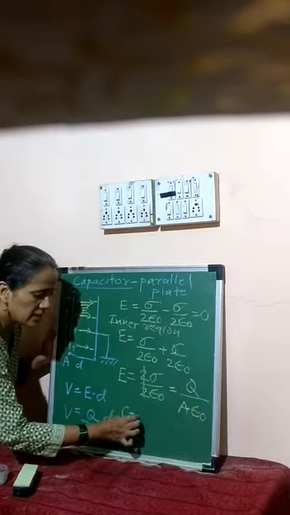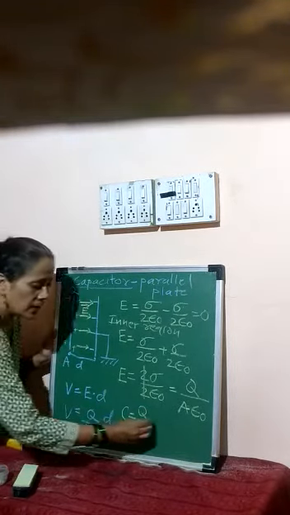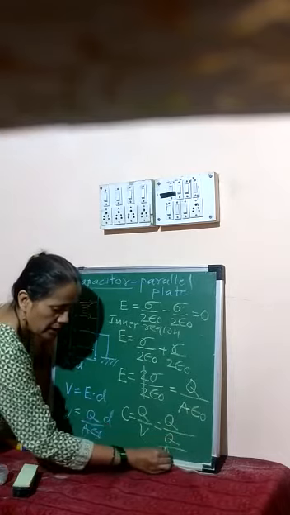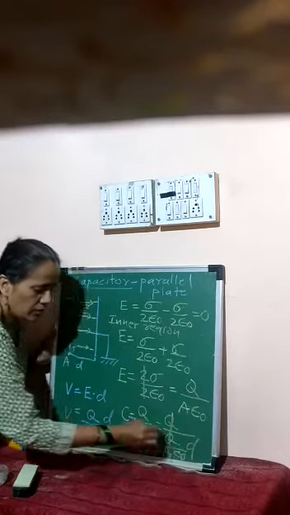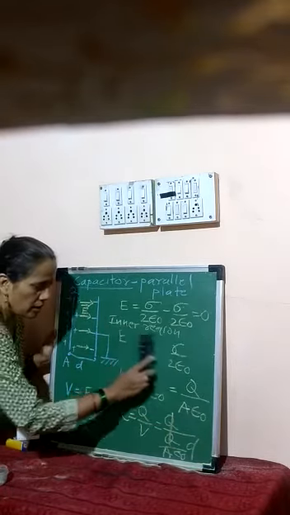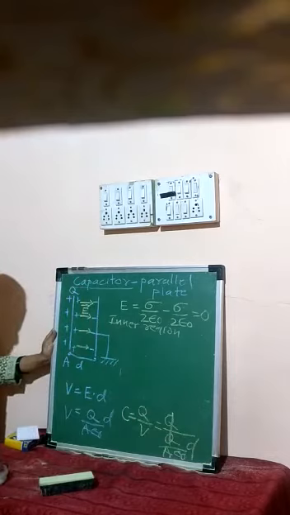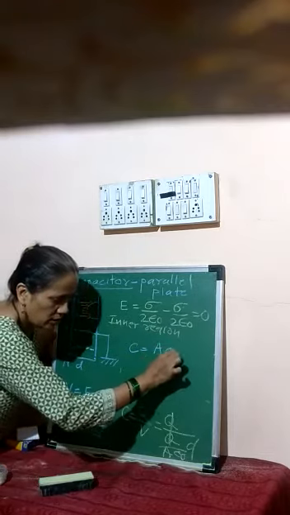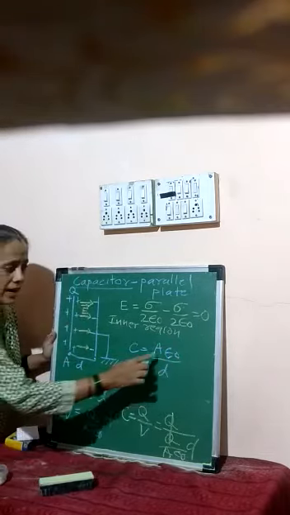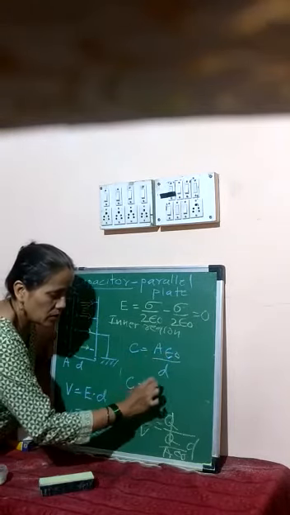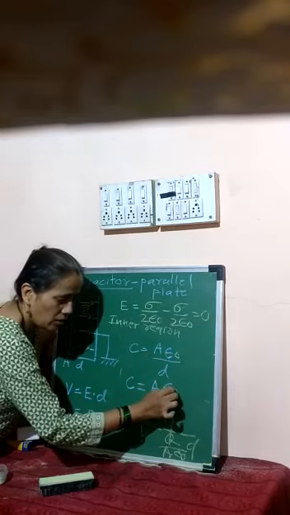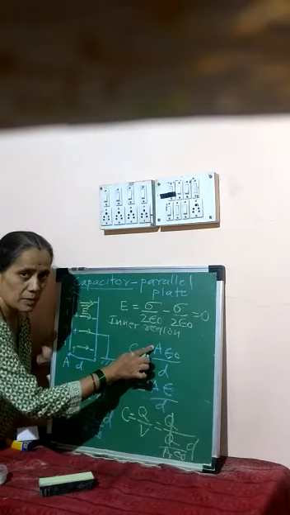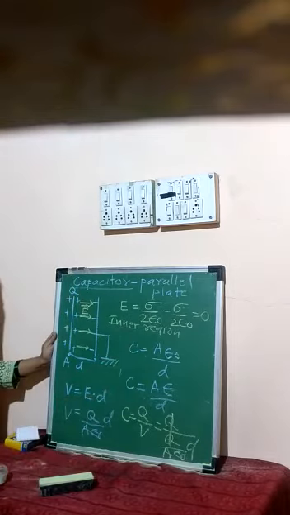Now from this V I can write the capacity. The capacity formula is C is equal to Q upon V. V is Q upon A epsilon 0 into D, so the Q factor gets cancelled. Therefore the capacity C can be written as A epsilon naught upon D. Here capacity is directly proportional to area and inversely proportional to the spacing.